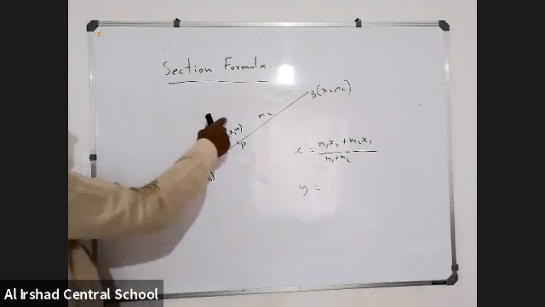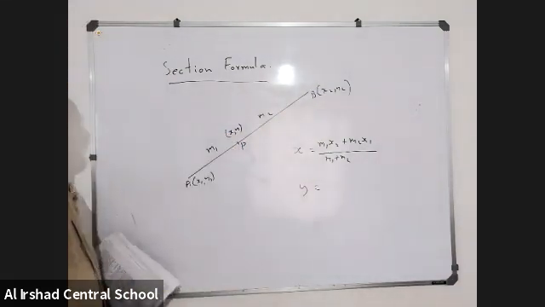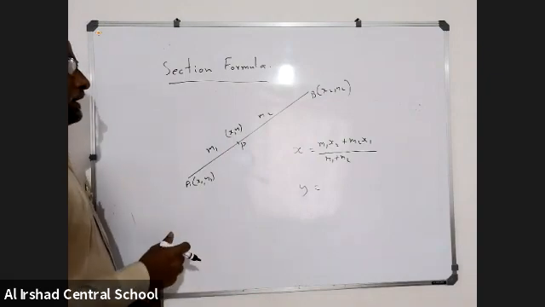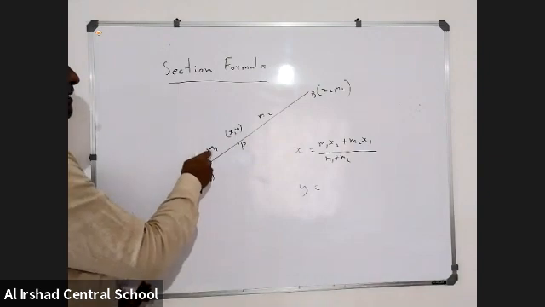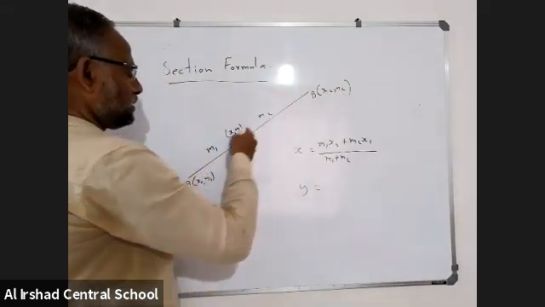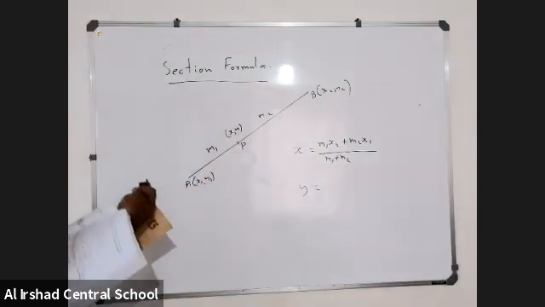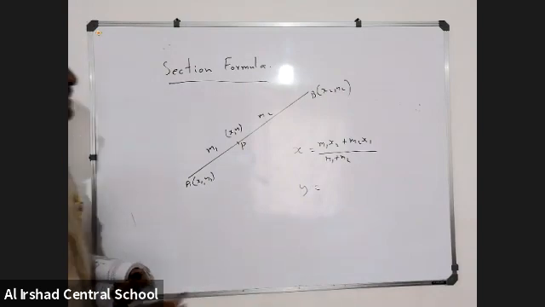That is the x coordinate of the point. Then the y coordinate of the point is exactly the same: M1 into y2 plus M2 into y1 divided by M1 plus M2.